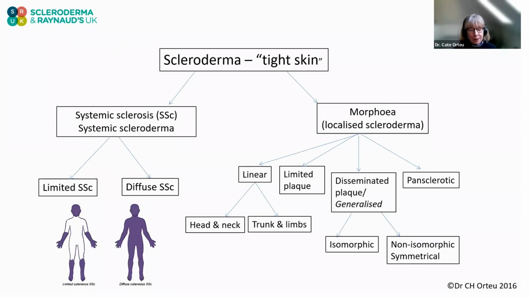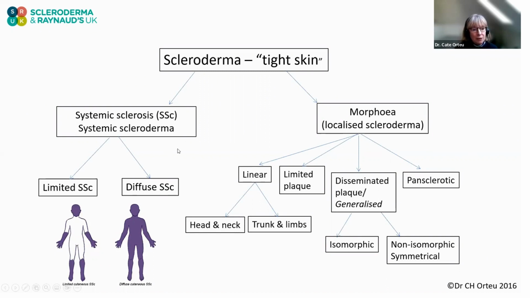So if we think about the terminology first of all, scleroderma comes from the Greek skleros and derma, meaning tight skin. And it's really an umbrella term which encompasses a number of different conditions, including systemic sclerosis and Morphoea. So if we go to systemic sclerosis, first of all, this is also sometimes referred to as systemic scleroderma.